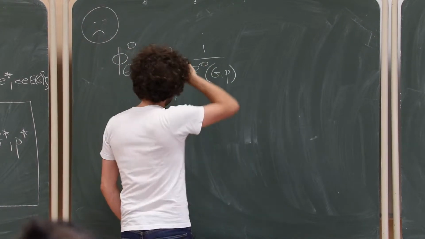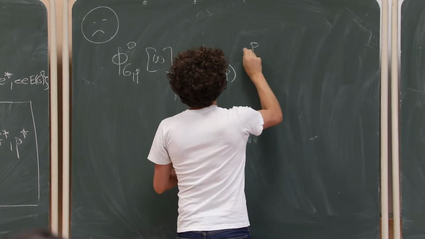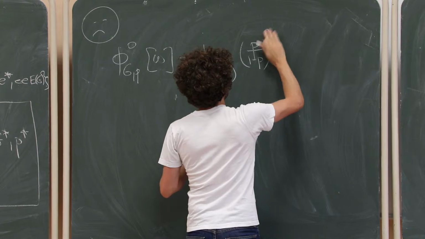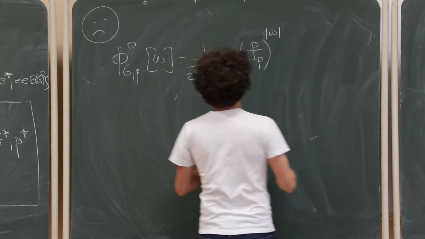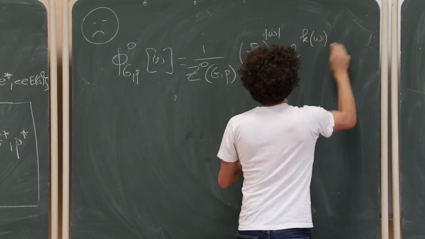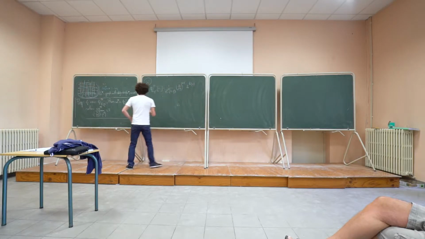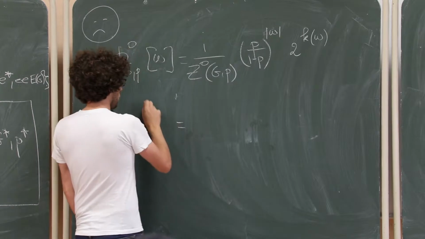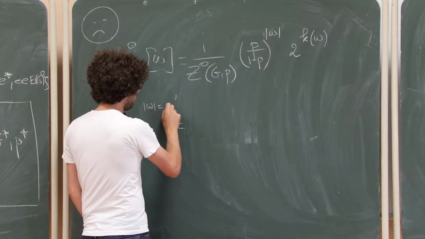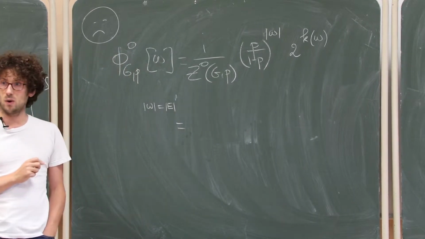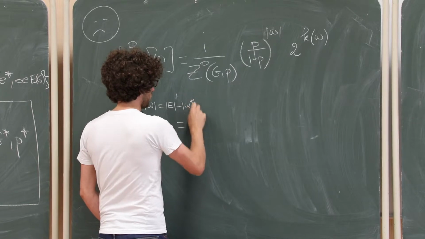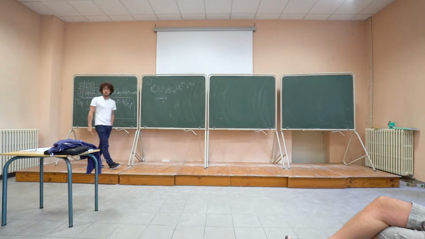So when I start, I have p over 1 minus p to the number of open edges in omega, times 2 to the number of clusters in omega. The first thing, which is easy, is that the number of open edges in omega is simply the number of edges in the original graph minus the number of edges in omega star, simply because it's the number of closed edges.